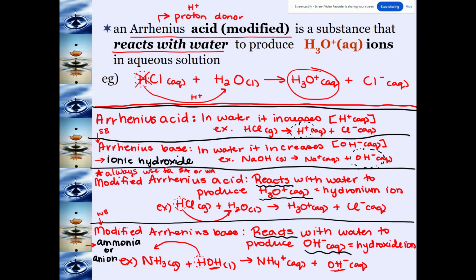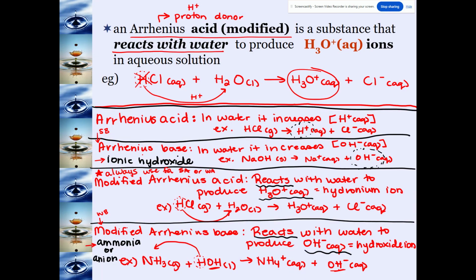For acids, we always go with the modified Arrhenius acid method. We always react them with water to produce hydronium. It's basically like saying the original Arrhenius definition of an acid is not complete. It's not accurate. It's more accurate to use the modified definition, because acids always react with the water they're dissolved in to produce hydronium.